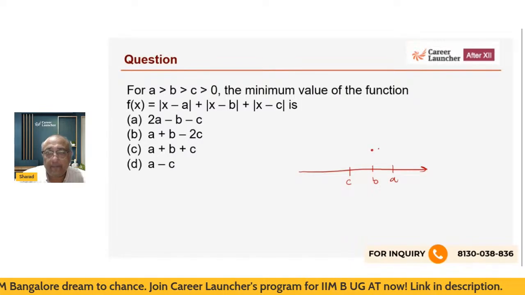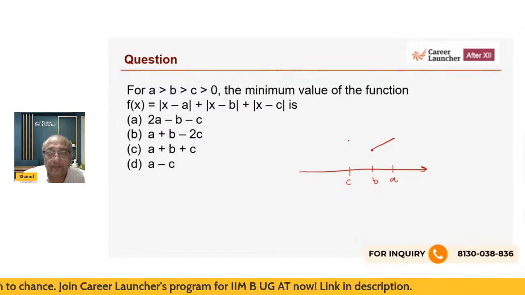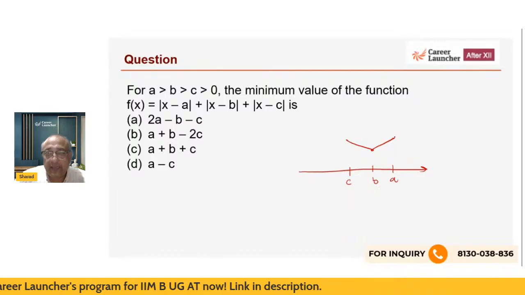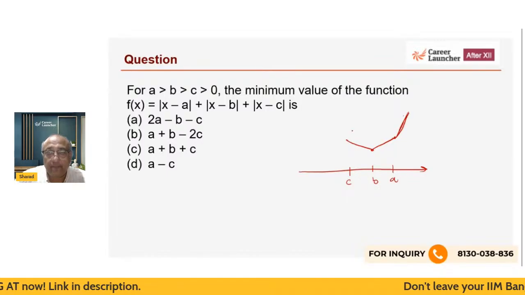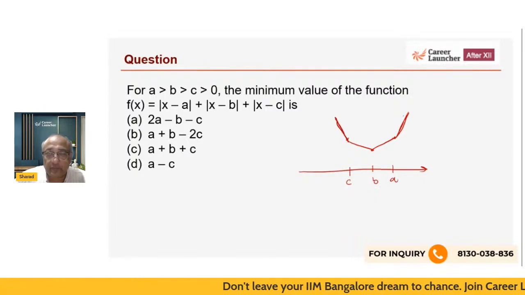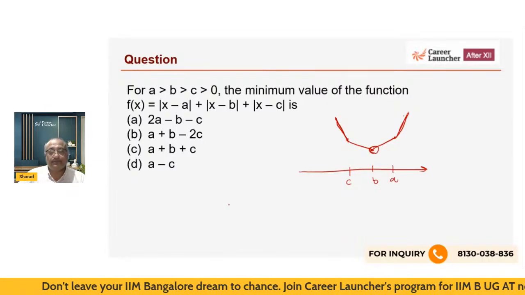At B. Like this, and then the slope will be higher because x will get added, 2x it will be. This is again 2x it will be, minus 2x it will be, so it will drop hugely. What is the minimum value?